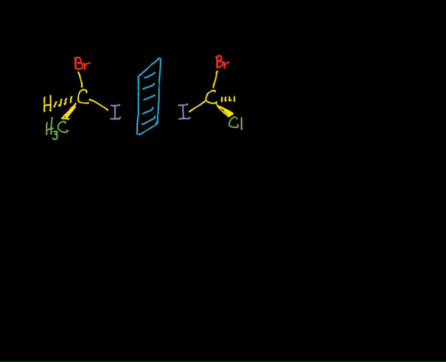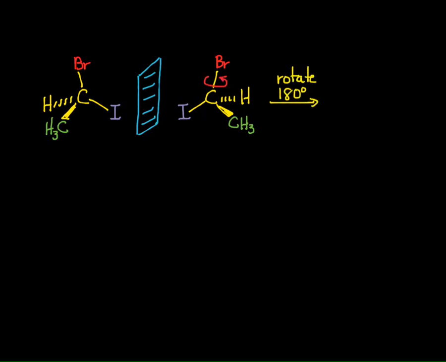And so now the methyl group's coming out at me, and the hydrogen's going behind me, just like in the previous example. Now, I'm going to take that molecule. I'm going to see if I can rotate it around in any way such that it is superimposable with my original configuration.